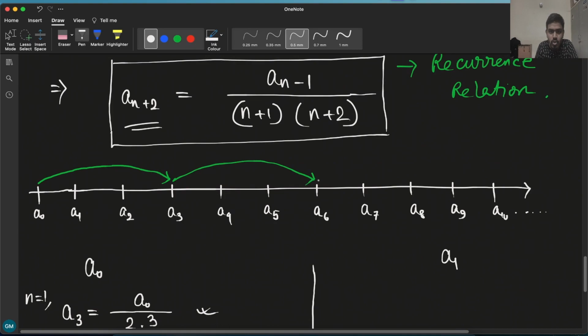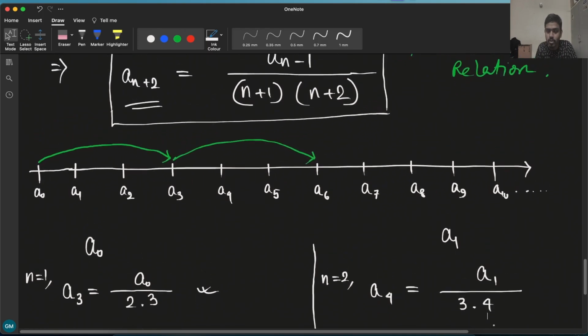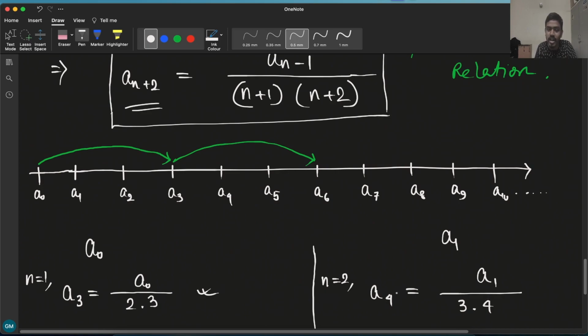If I put n equals to 2 in this recurrence relation, then A4 equals A1, since n minus 1 is 1, divided by n plus 1, which is 3, and n plus 2, which is 4. So this is 3 times 4. If I know A1, then I can find A4.